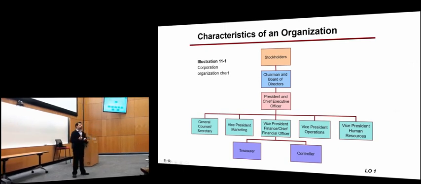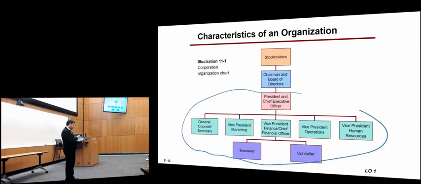hire executive officers of the company who will actually run the day-to-day business operations. So the people who will actually run the company, this is the team. Of course, this is just an example.